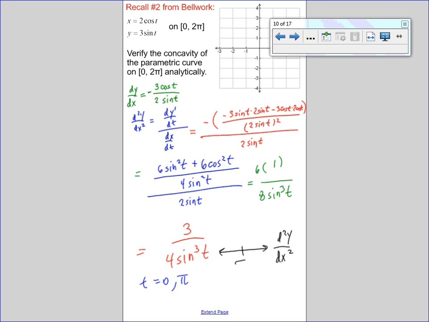I'm just going to put pi there because 0 and 2 pi are really the endpoints. All right, here we go. Convenient time value between 0 and pi, I'm picking pi over 2. The sine of pi over 2 is positive 1, so I get 3/4 is positive. Uh-oh. That's not good.